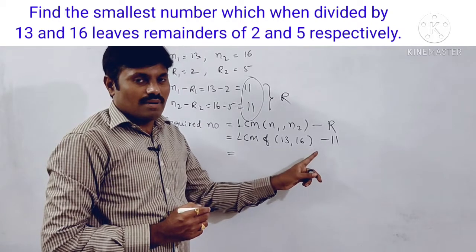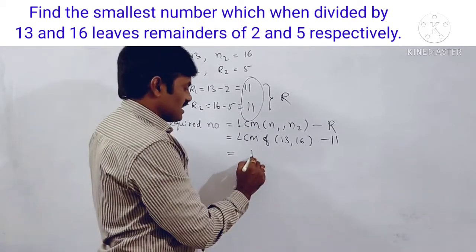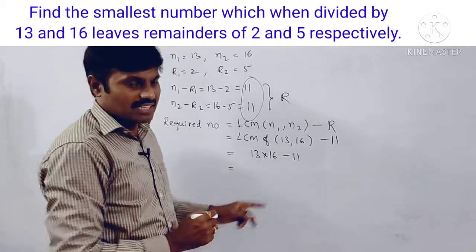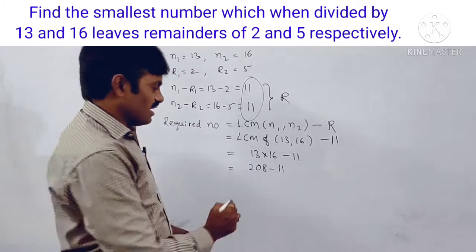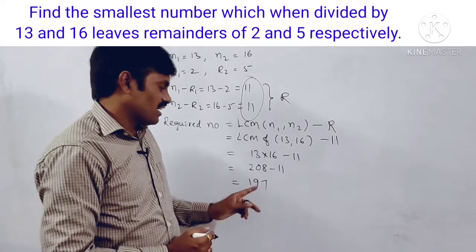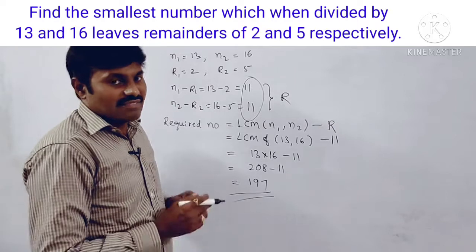There is no common factor other than 1, so their product is their LCM. 13 times 16 is 208, minus 11, and the final answer is 197. So the required number is 197.